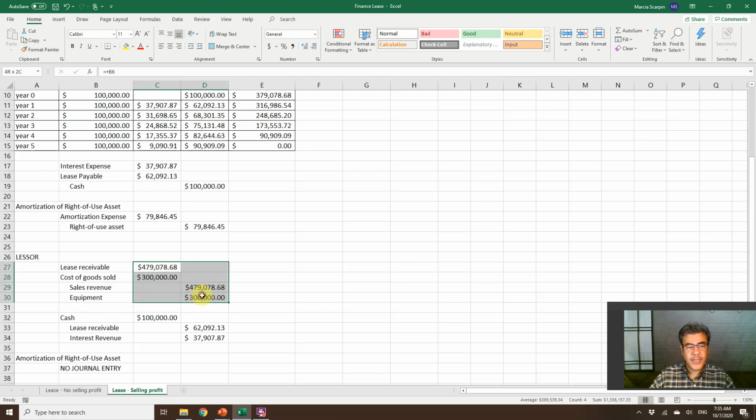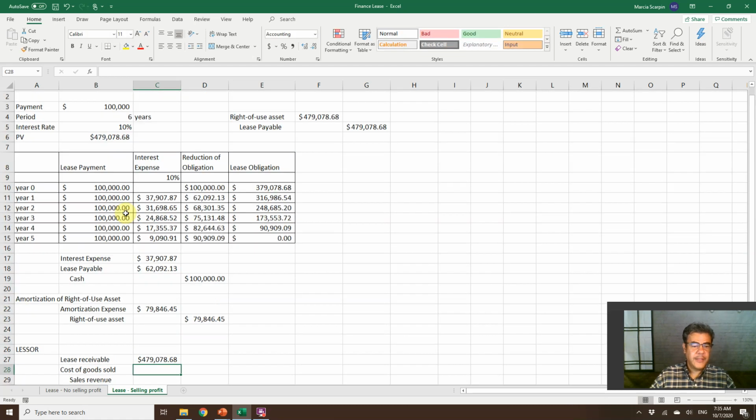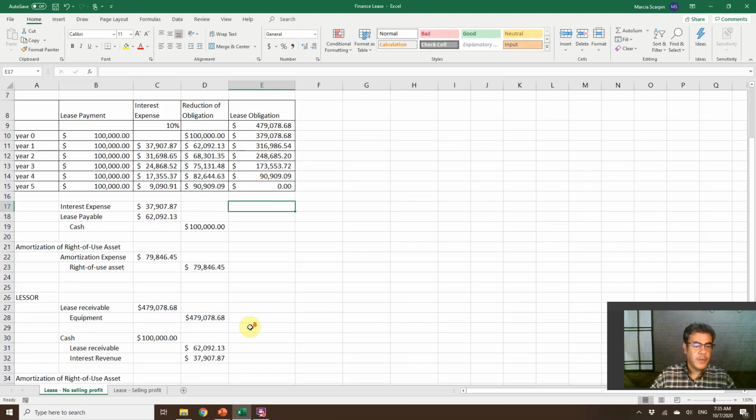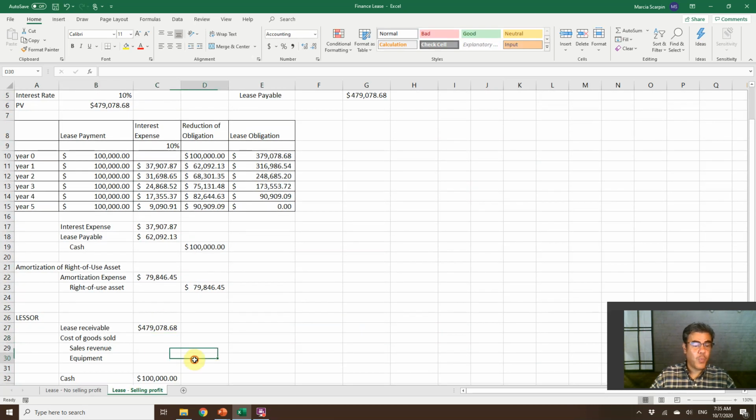Another way to think about this journal entry here is lease receivable 479. Comparing with the no selling profits, equipment 479, but now equipment is $300,000. It is not balanced. If we were selling a regular property, plant, and equipment, we would balance it with a gain on sales of asset.